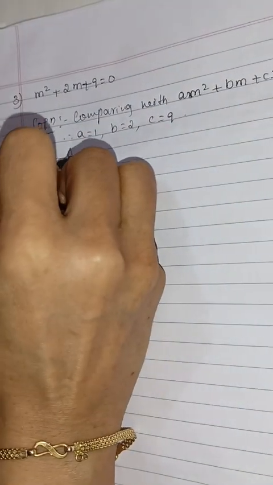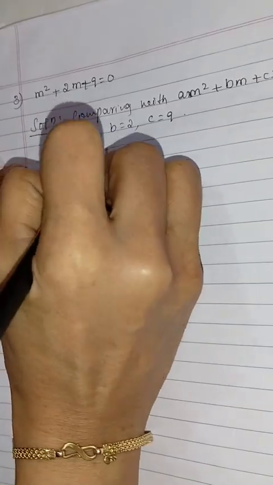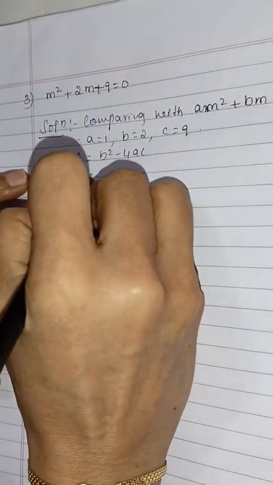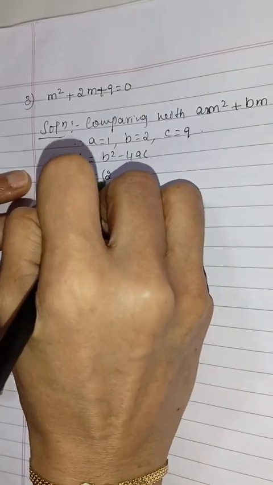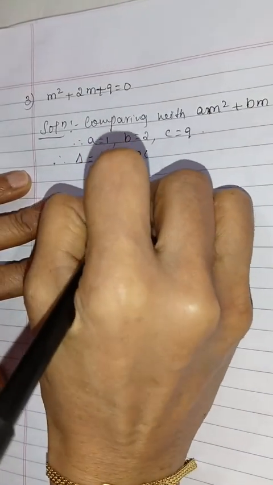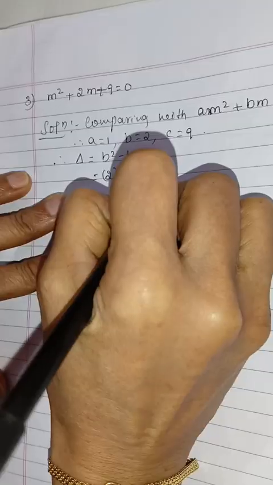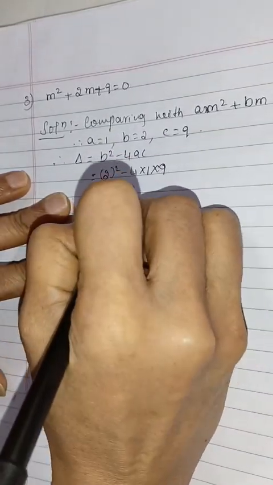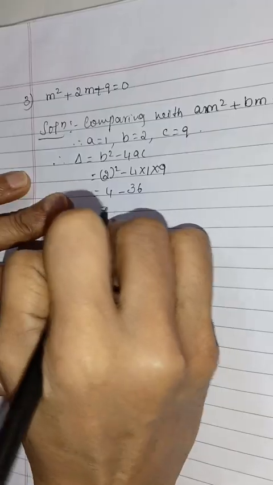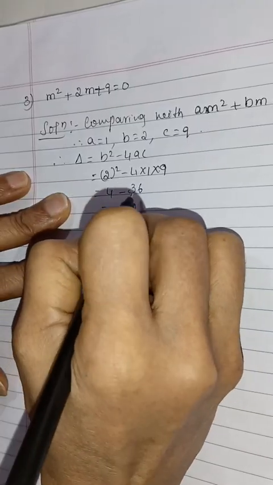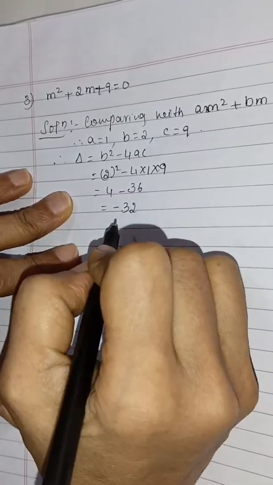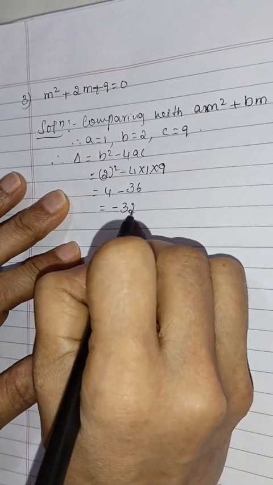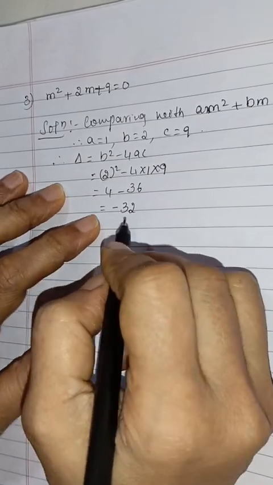Therefore delta is b square minus 4ac. b is 2 square minus 4 multiplied by 1 multiplied by 9. This is 4. 9 4s are 36. That is 36 minus 4 is 32.